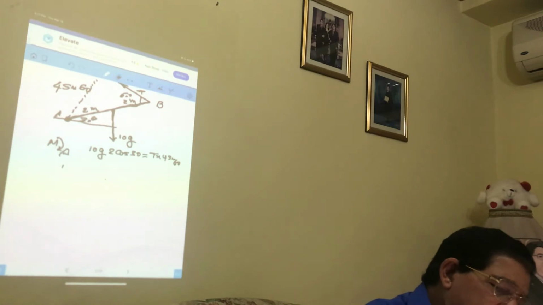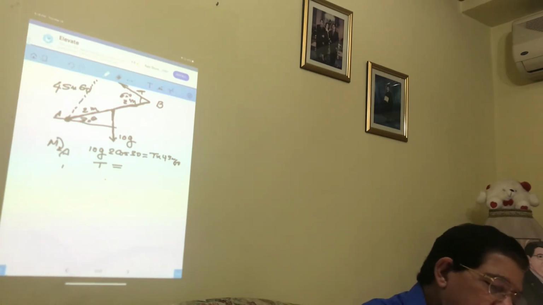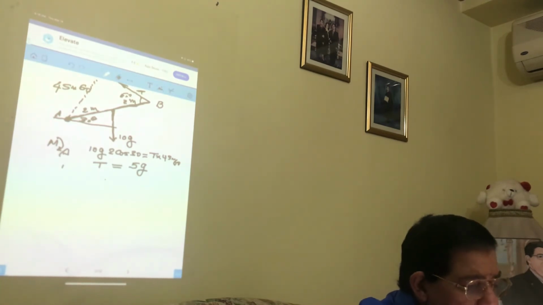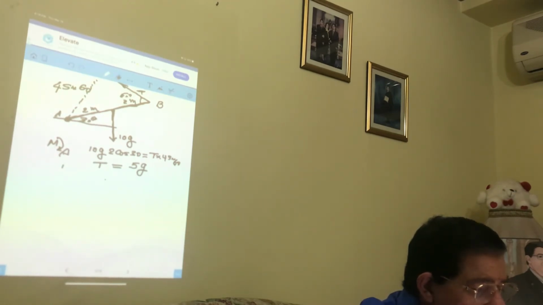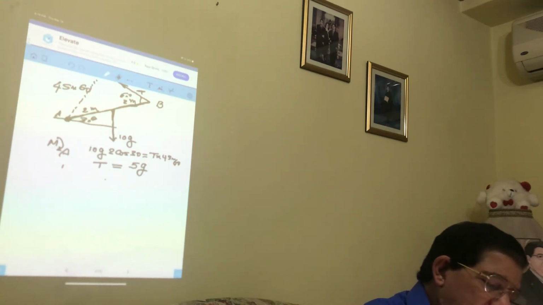From this equation, we get the value of T. T will be equal to 20g over 4, which is 5g. The tension T will be 5g. Four sine 60 and 2 cosine 30 also cancel.